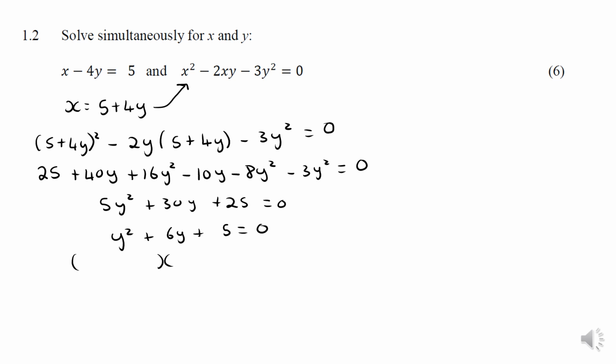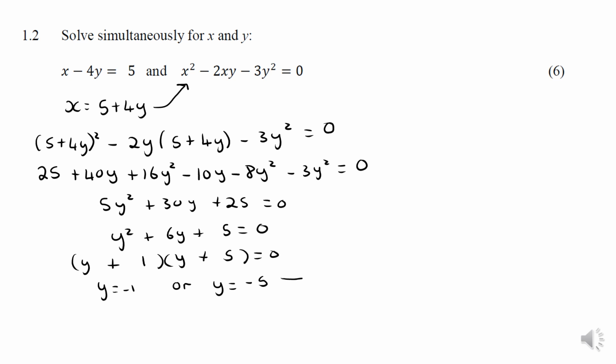Then I'm going to factorize. The factors of 5 is 1 and 5. Because the middle term is plus, both of them get a plus. So I'm going to have y is equal to negative 1 or y is equal to negative 5.